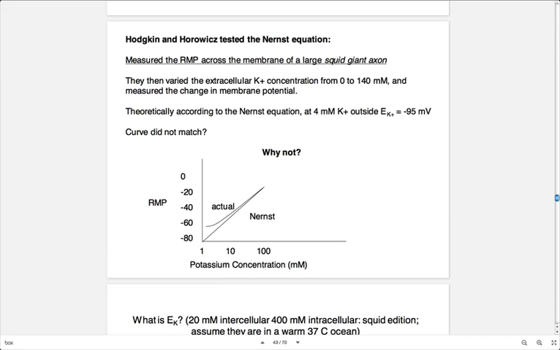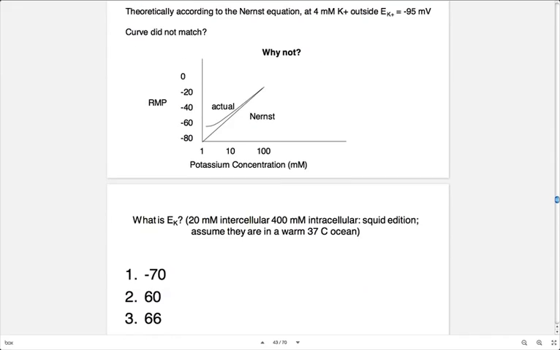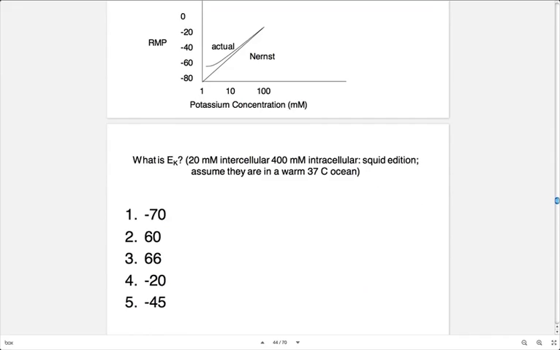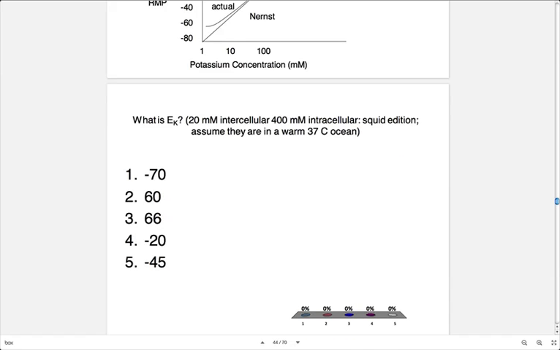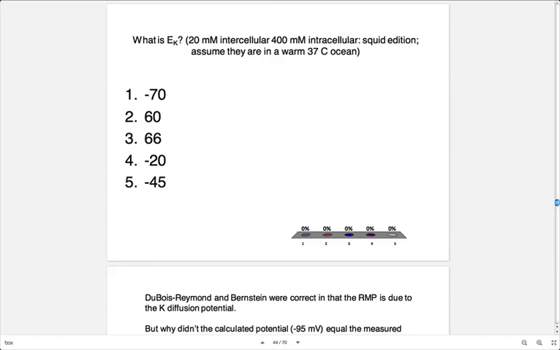What it indicates is that potassium can't really account for everything in this system. If you were to calculate the equilibrium potential for squid based on their ionic composition, you'll get something closer to -70. But you can do that a little bit later.